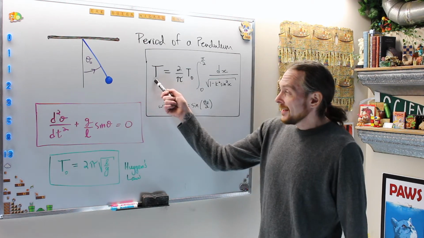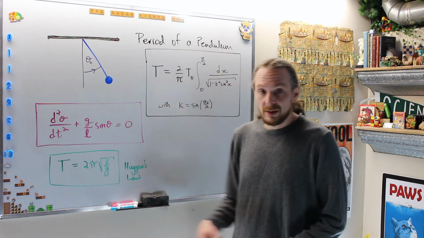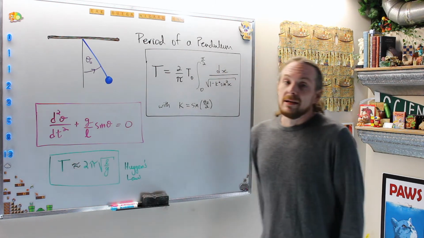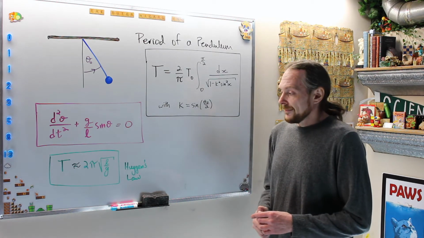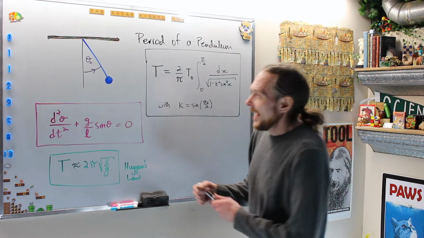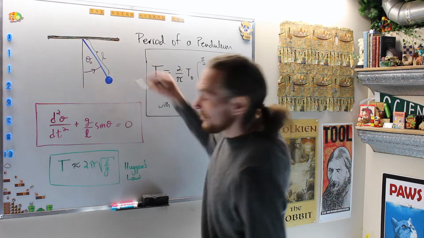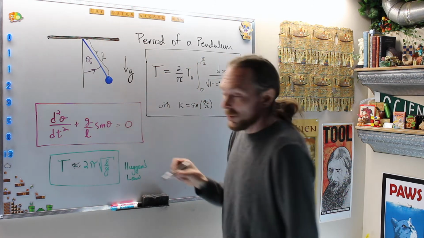If we want to call it T, the real period, it is approximately equal to that, where L is the length of the rod and G is the force of gravity.